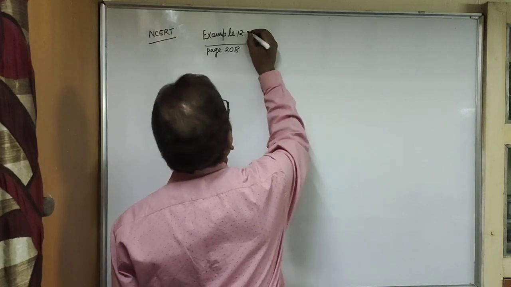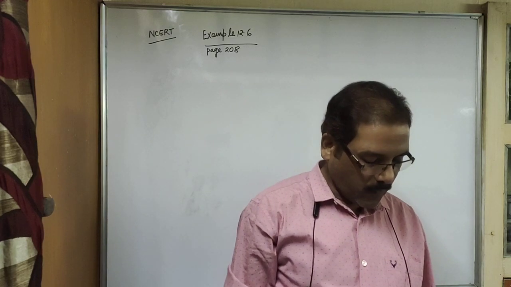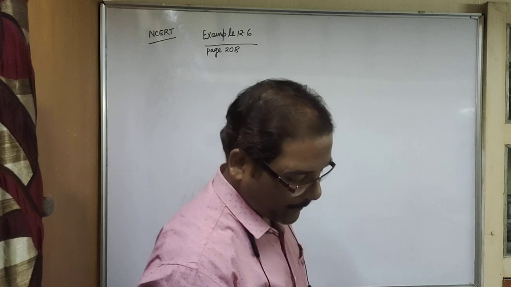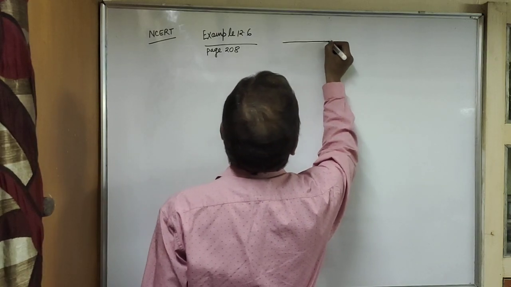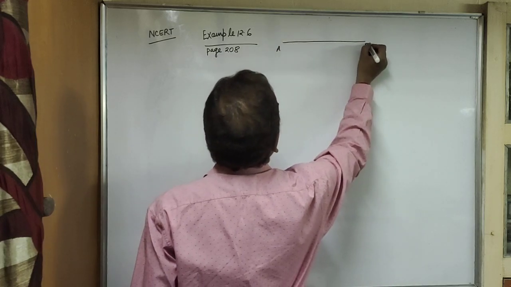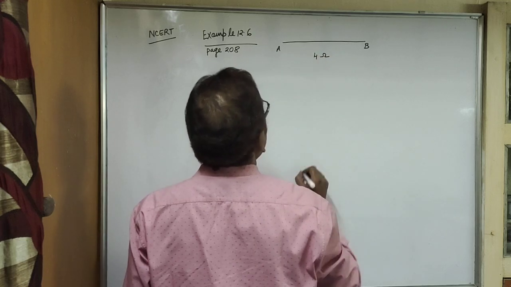Question is, a 4 ohm resistance wire is doubled on itself. So suppose there is a wire AB whose resistance is 4 ohm.